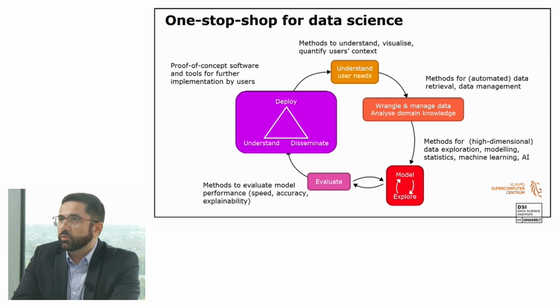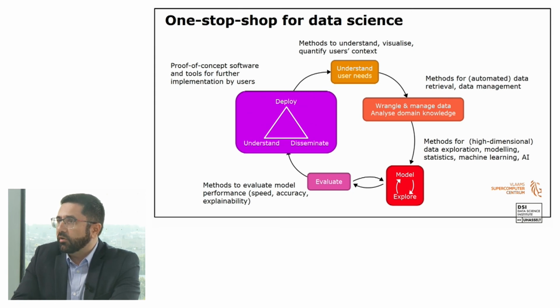We develop methods to understand, visualize, and quantify user context and user needs, methods for automated data retrieval, data management, and data wrangling, as well as methods for high-dimensional data exploration. Of course, we also develop models such as statistical models, machine learning, AI, and mathematical models, as well as their analysis.